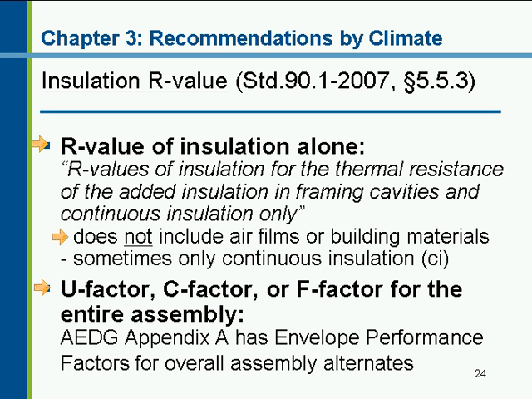And so you can show compliance on an overall U-factor basis. And then it also has the C-factors, which are for below-grade walls that don't include the air films, and F-factors, which are for the perimeter of slab-on-grade floors. And so those are per lineal foot of perimeter as opposed to per square foot of wall or roof.